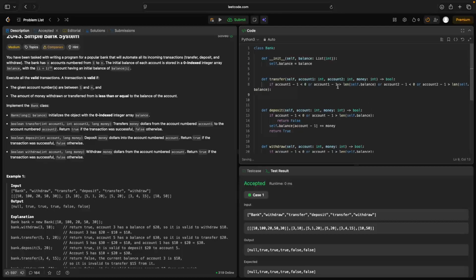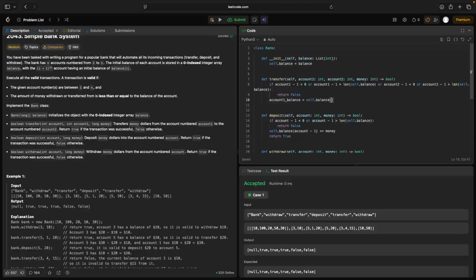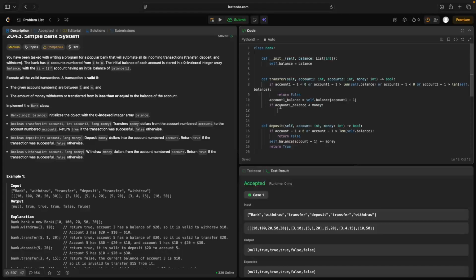Okay, now that we have this condition, we can then go to checking. So if we have account 1 balance, now we can check if account 1 balance is less than the money, which means the money you're trying to withdraw from account 1 is greater than the balance of account 1, then we would have to return false.